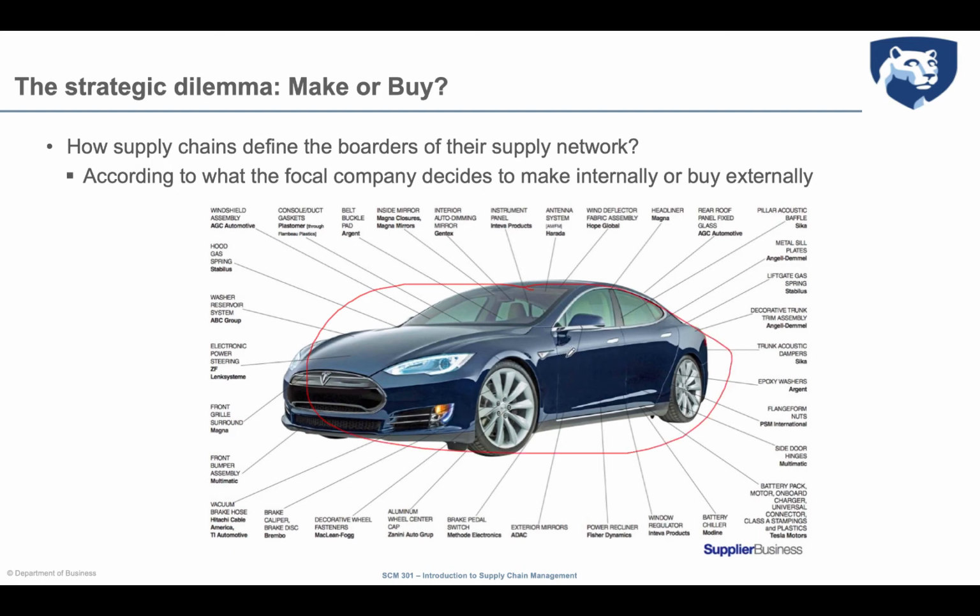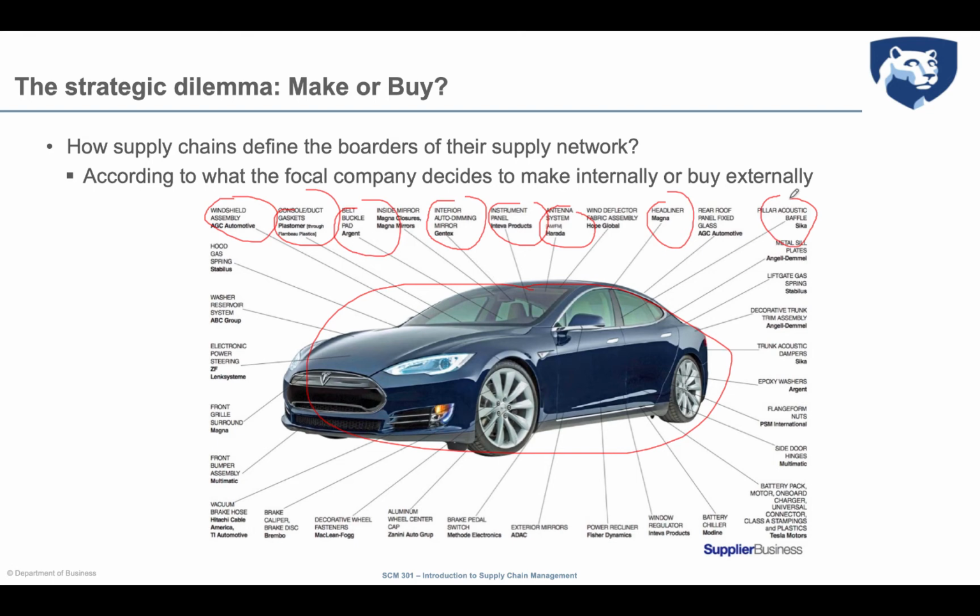They realize the assembly, and then all these components, like the belt buckle pad, the interior mirror, the instrument panel, the antenna system, the headliner, the pillar acoustic baffle, are all bought from external. The decision about what to buy from external and what to realize internally is called the make or buy dilemma.